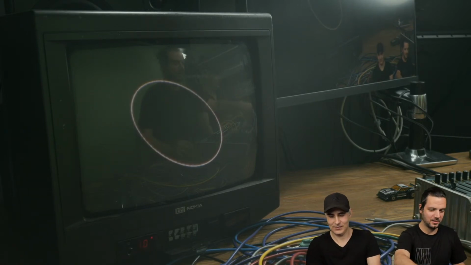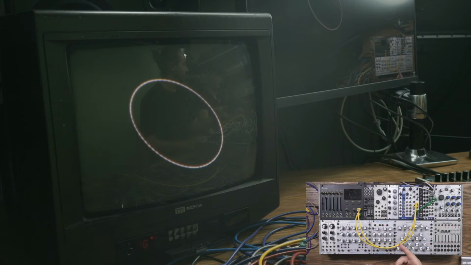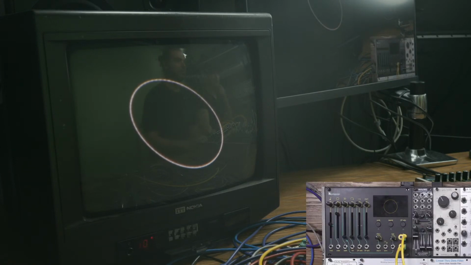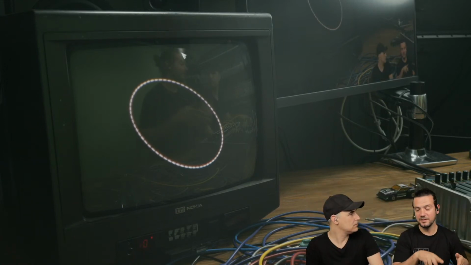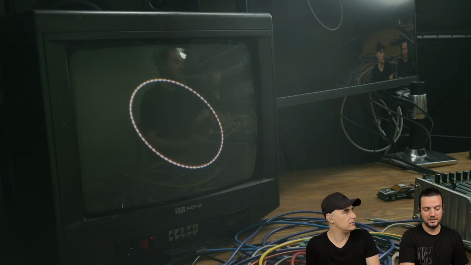I'm playing this Polygonal output directly into an audio amplifier, and the audio amplifier is hooked up to the deflection coils of the TV. The coils are wrapped around the tube of this TV, and they deflect the electron beam at a very high rate, exactly the rate that I patched in here.